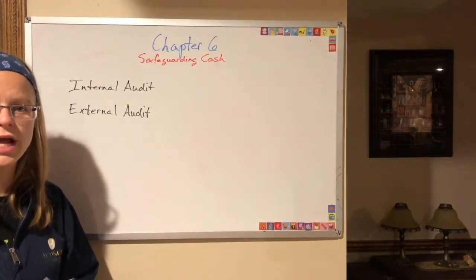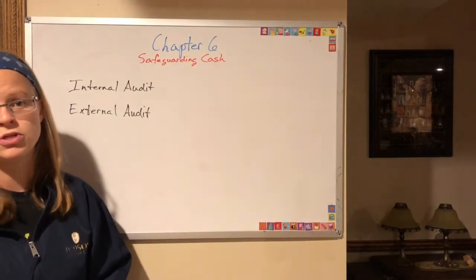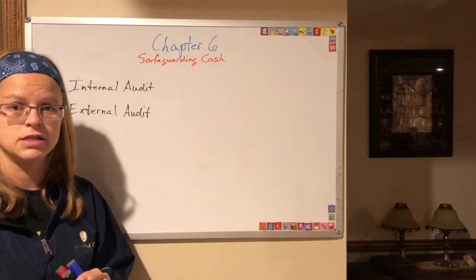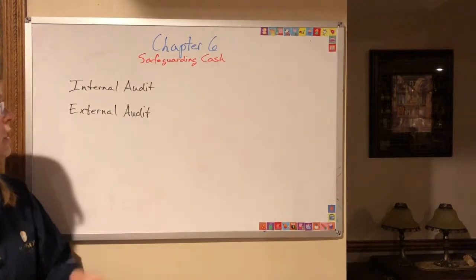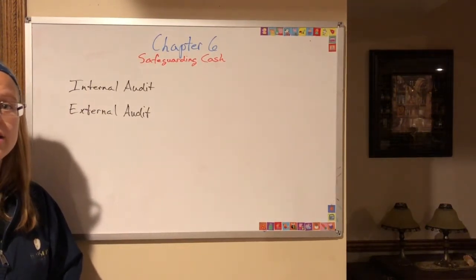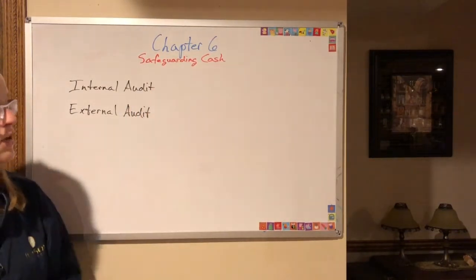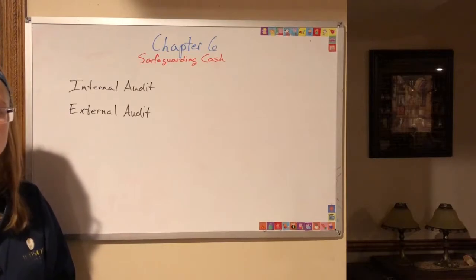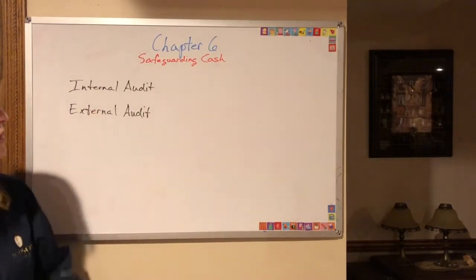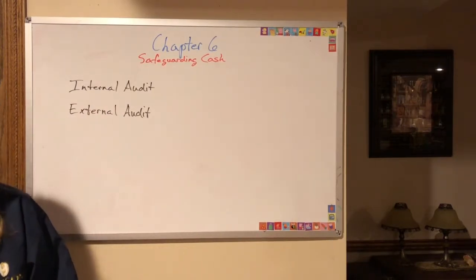However, collusion can happen, where a person in charge of billing and a person in charge of purchasing can collude together and steal from the organization. But these are ways of preventing it and limiting theft from the organization. So these are the ways of safeguarding cash, the internal and external controls, and we're going to discuss a little more in Chapter 6.